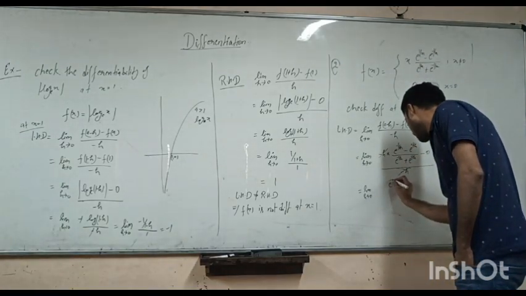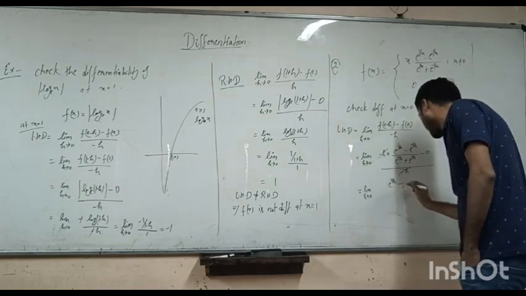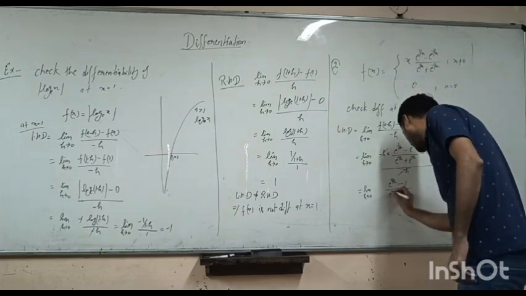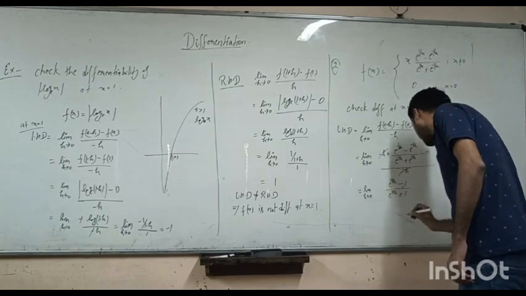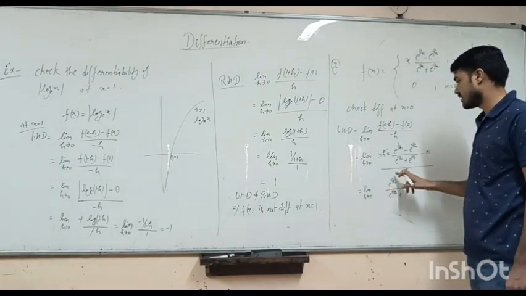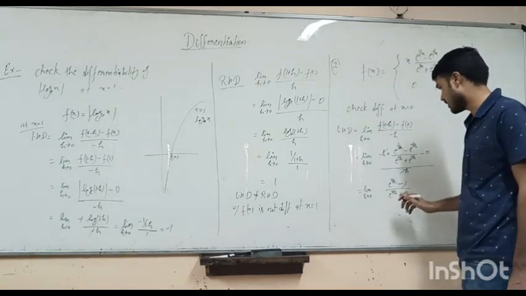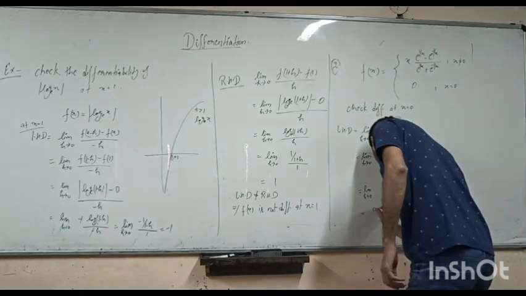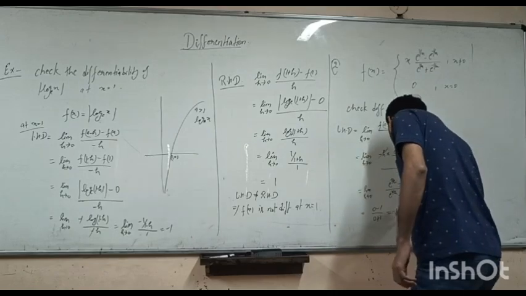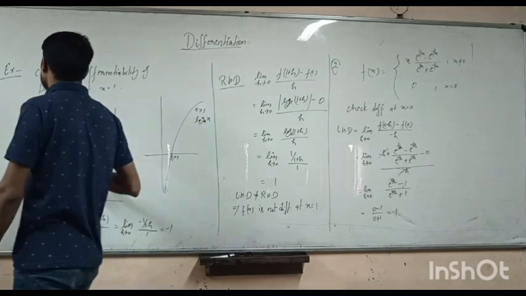So it will become e to the power minus 2 by h minus 1, because we have taken out this, and e to the power minus 2 by h plus 1. Now if limit h tends to 0, then e to the power minus 2 by h will become 0, and this will also become 0. So basically 0 minus 1 divided by 0 plus 1, it is minus 1. So the left hand derivative we have found is minus 1.